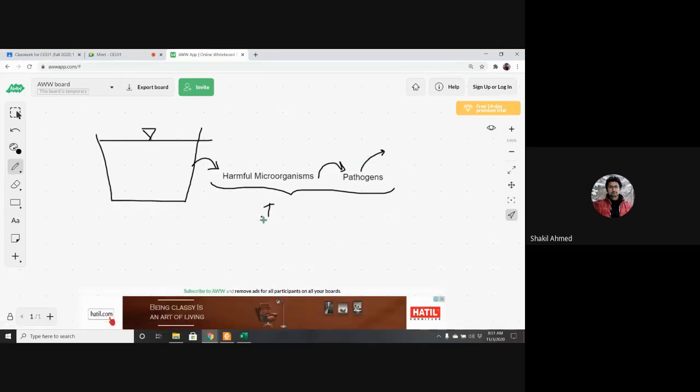We just check only one organism, and that is what? E. coli, right? E. coli bacteria, one type of E. coli, and that's actually the indicator organism. This is very important, okay? I already discussed it in detail, so you should know this indicator organism.